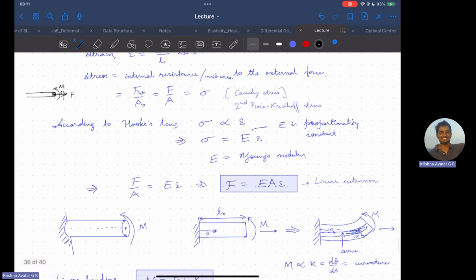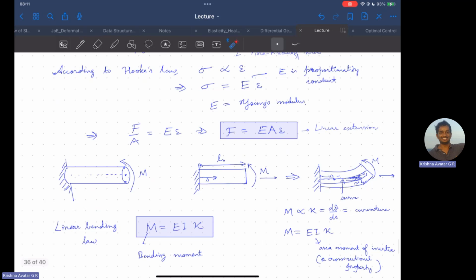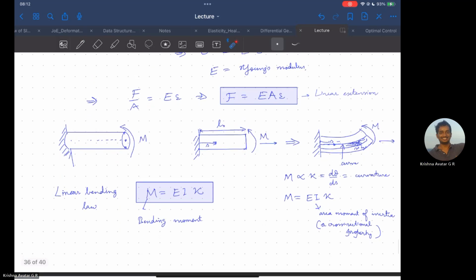So we had determined an expression for the linear extension. Then we move on to a similar relation for the bending moment case, where M is the bending moment here.